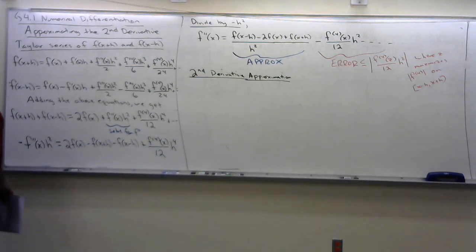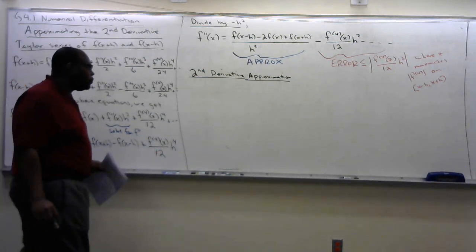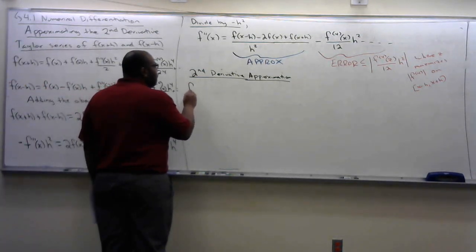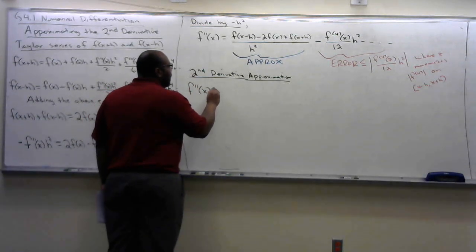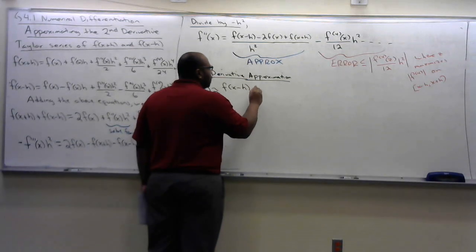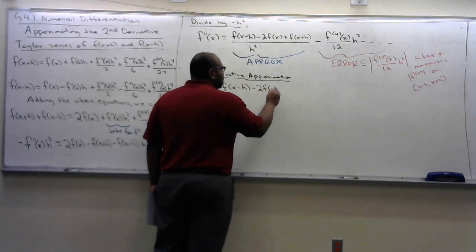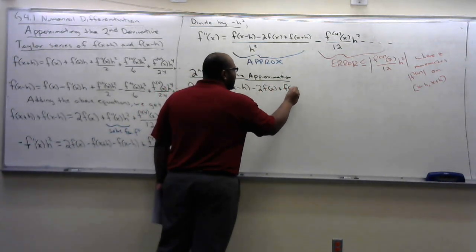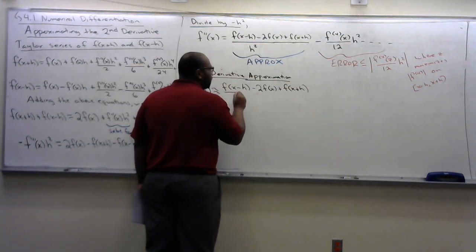This is probably the easiest way of doing that. So we get f double prime x is approximately this. This is probably the easiest one of the bunch to approximate.